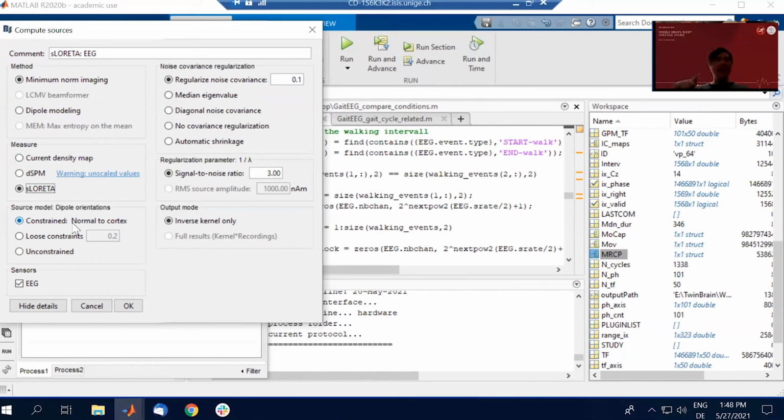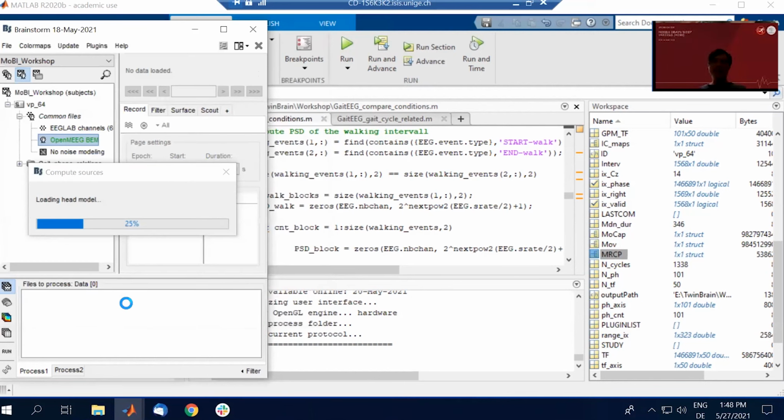That is one well-justified approach, because we know the pyramidal neurons are parallel to the cortical folding, but I still like to have some variability in the dipole orientation. That's why I like loose constraints. So I suggest using the settings LORETA and loose constraints. The regularization is all right for now, so I just click OK, and this is done.